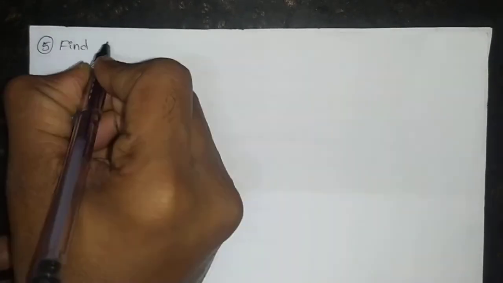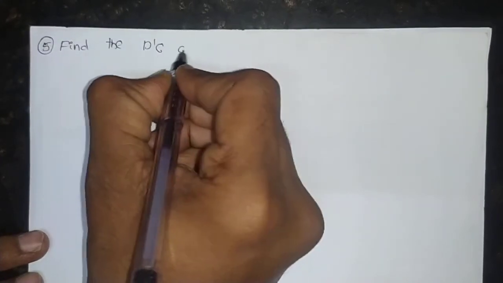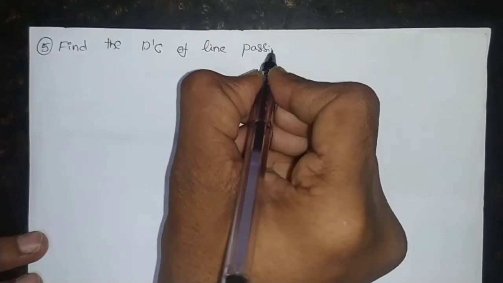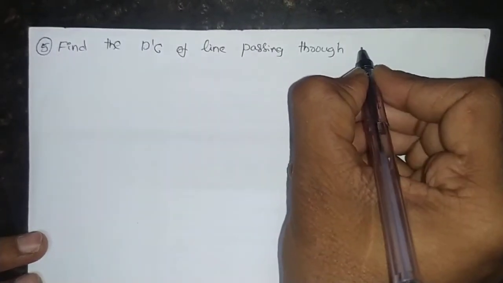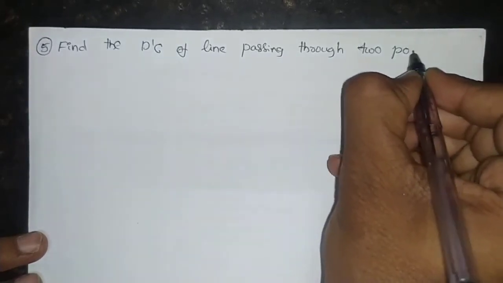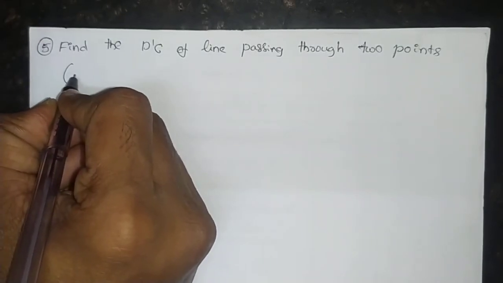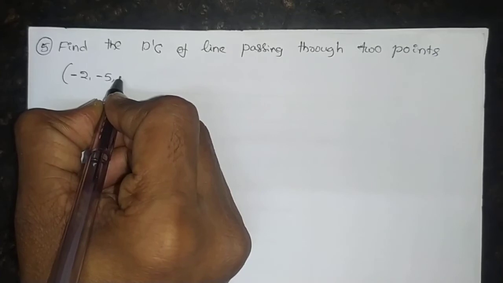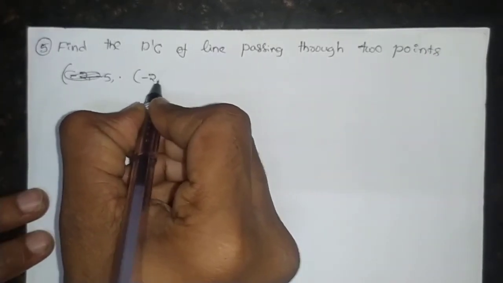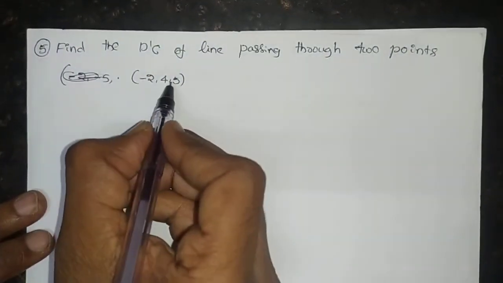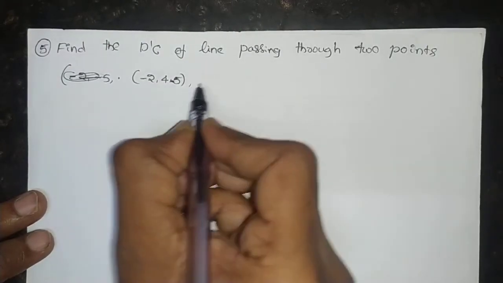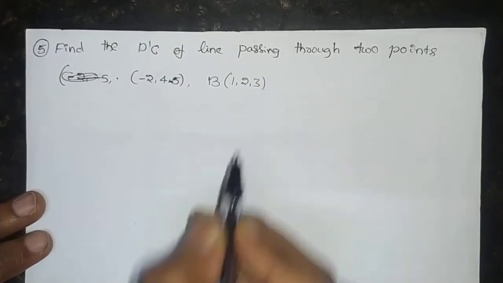Find the direction cosines of the line passing through 2 points: -2, 4, -5 and 1, 2, 3. Okay.